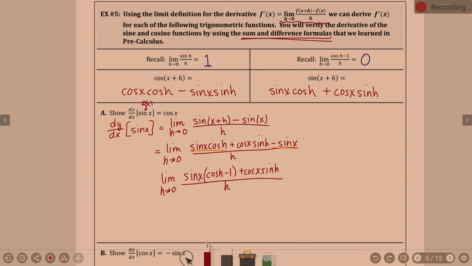So I'm going to say the limit as h approaches 0 of sine x times cosine h minus 1 all over h, plus the other one, the limit as h approaches 0 of cosine x sine h all over h.